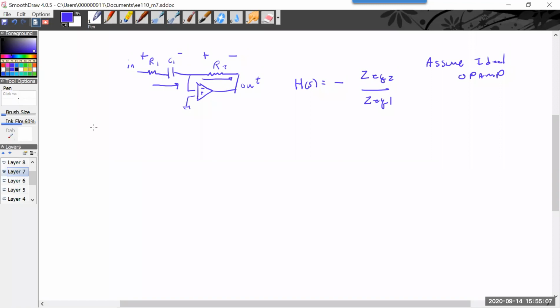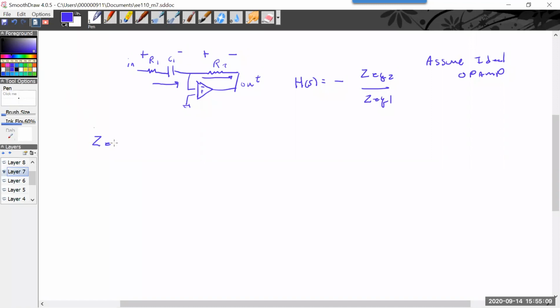So Z equivalent 2 is really just R2. Z equivalent 1 is really just R1 plus 1 over SC1, because ZR equals R, ZC equals 1 over SC, and ZL equals SL.